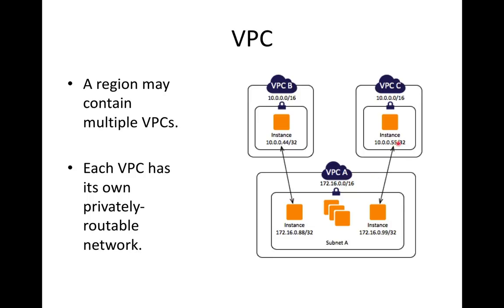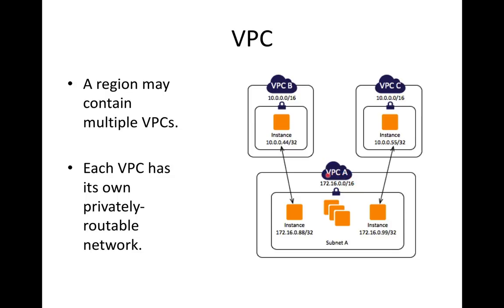You can see in this case, here's a region, and this region has 3 VPCs. We have VPC A, then B, and C. And each VPC has its own privately routable network segment. For example, VPC A is using the network segment 172.16.0.0/16.